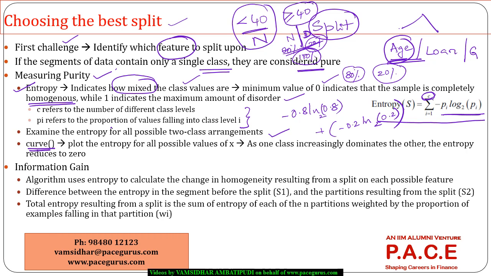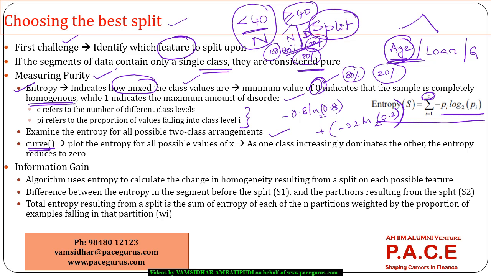If one class is dominating the other, if 100% of them belong to one single group, either no default or fully default, we see that the entropy will come close to zero. So if one class is fully dominating the other, then the entropy will come closer and closer to zero.